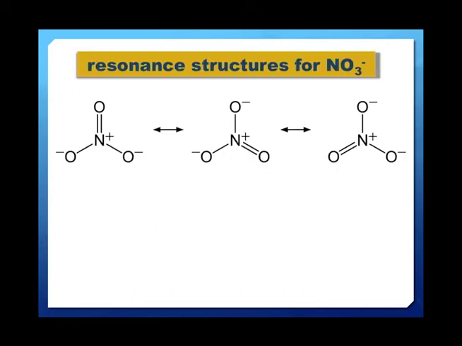Here's another example, the nitrate ion. This one has 3 resonance structures, each of which shows the double bond going to one of the 3 oxygens. If the true structure of the ion involves an averaging of these structures, then there must be some double bond character all around the molecule.